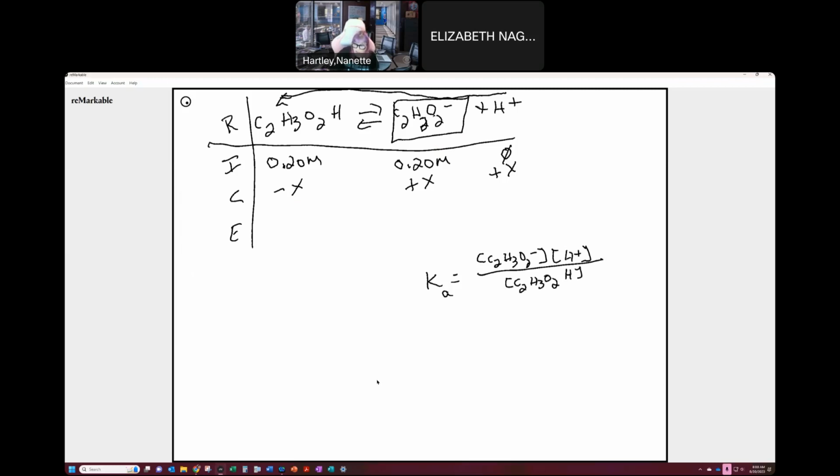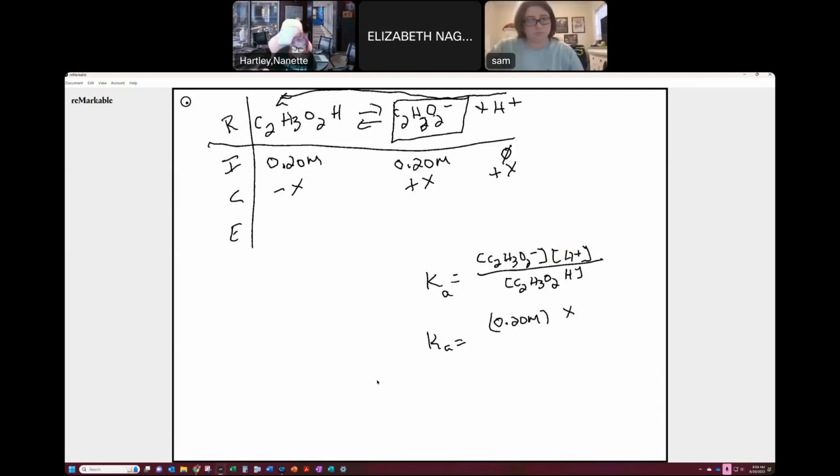We just end up with these two no longer being equal because there's already this species present. So when I plug into that K, I end up with 0.20 molar here, this is my X, and then 0.20 molar there.